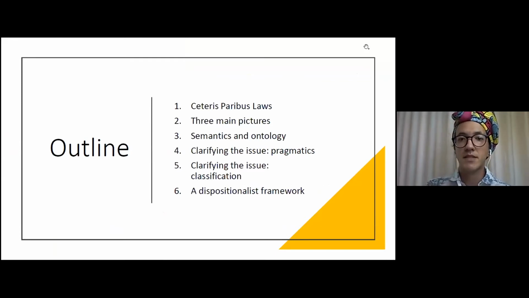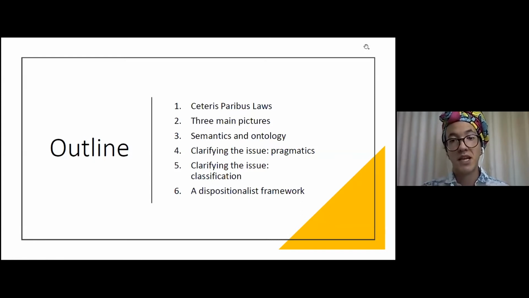In the second part, I'll briefly sketch 3 main views or 3 main accounts we may have for explaining Ceteris Paribus laws. In the third part, I'll briefly talk about semantic approaches for solving the problems involved in Ceteris Paribus laws, but my emphasis will be on ontology because I'm going to talk about dispositional properties.